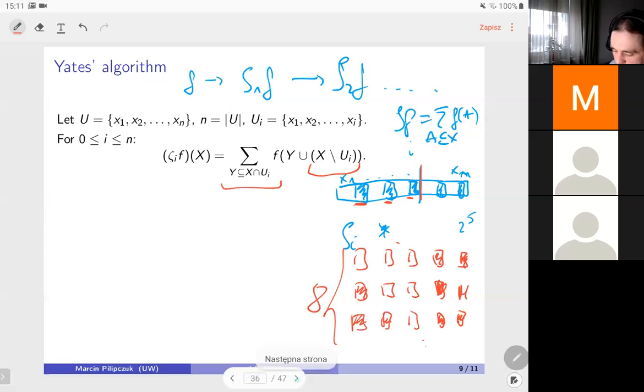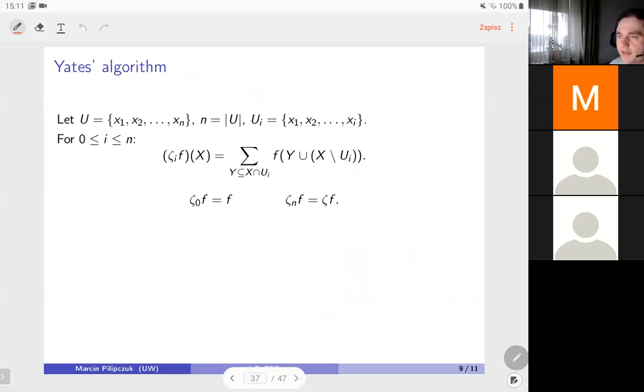And what does partial mean? Zeta 0 is just f. We are not allowing any changes; this is a one element sum. And if I allow changing everybody, then I have got my zeta transform.